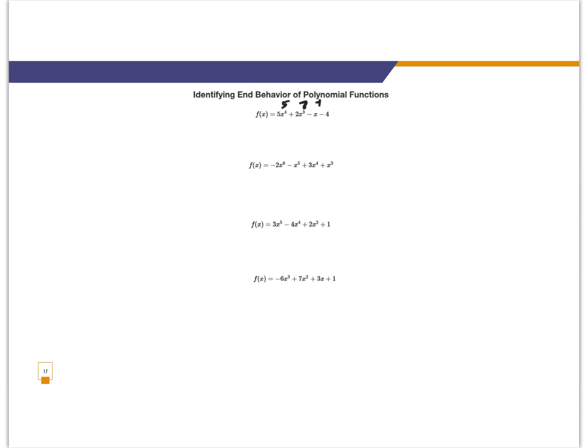That's a 1st degree term. And this is my constant, so it's a 0 degree term. All I care about is the 5x to the 4th. That's my leading term. And I know it's a 4th degree, which means both have to go up or both have to go down.